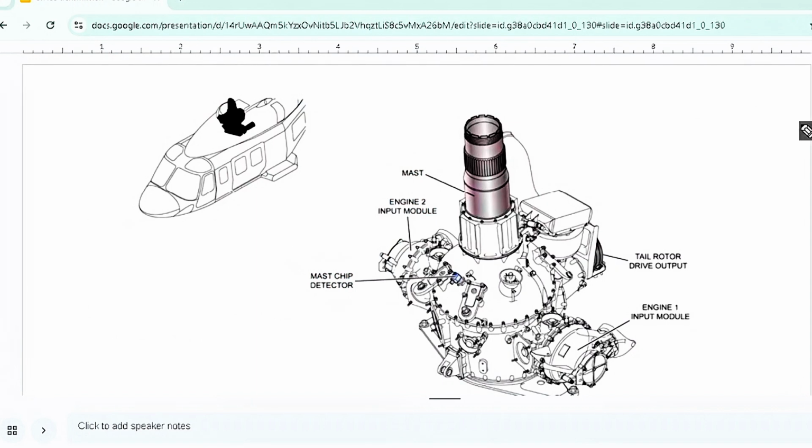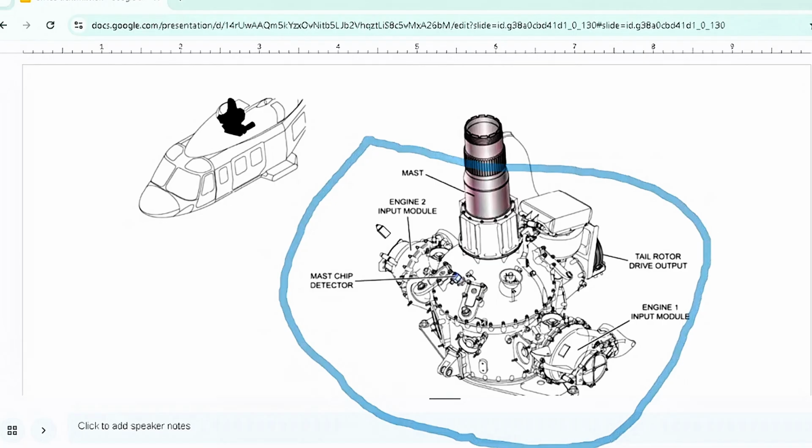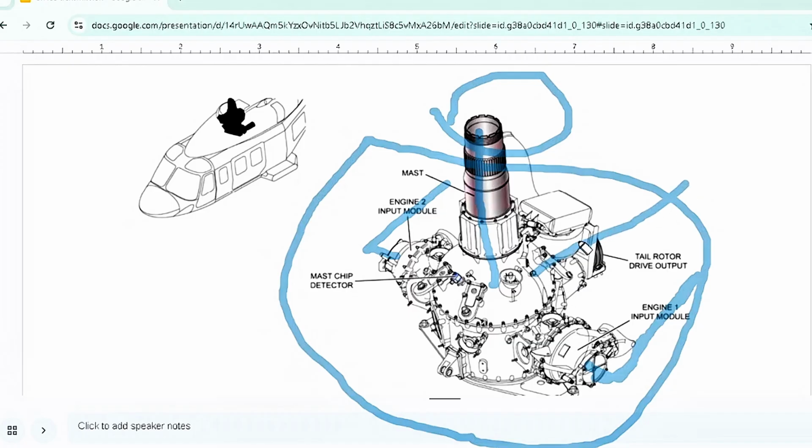Okay, now what is this? This is the MGB diagram. Here are the input drives. Okay, the power from the engine comes this way, and this is the MGB, and the MGB reduces the rotational speed as we saw in the previous picture, and it rotates the vertical drive towards the main rotor, and also sends the transmission towards the tail gearbox or tail rotor drive.